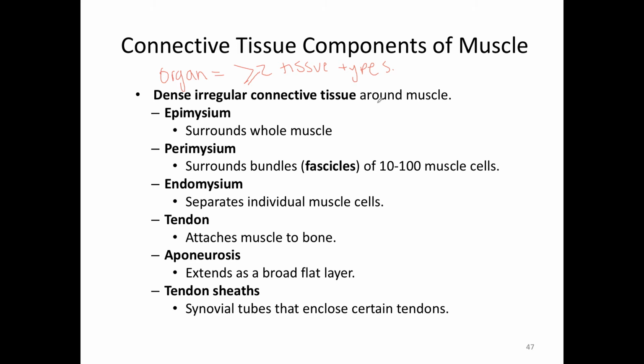That's why we consider skeletal muscles to be organs. Surrounding the entire muscle, there is dense irregular connective tissue called the epimysium. Epi means superficial to, and mysium means muscle wrapping. As the name would suggest, it surrounds the whole muscle. And this is often continuous with tendons.